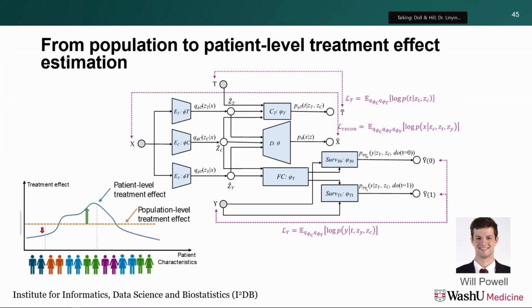I am working with my PhD student to design an algorithm that can take in large high-dimensional covariates and estimate the treatment effect at the individual or subpopulation level. Here we are looking at survival outcomes. There are other methods out there for binary and continuous outcomes, but we're adapting this to survival analysis.